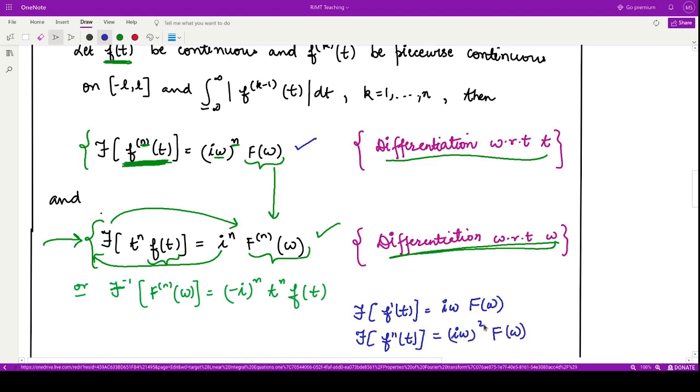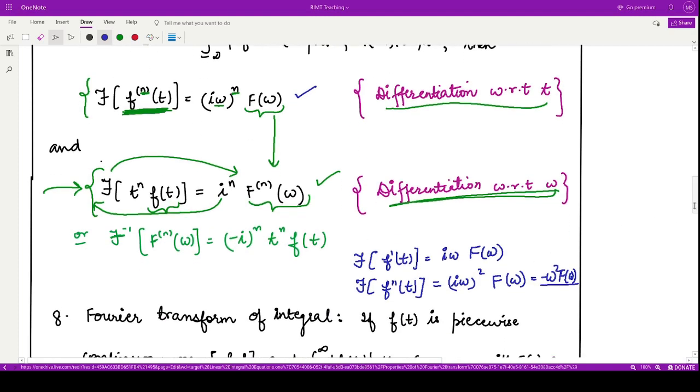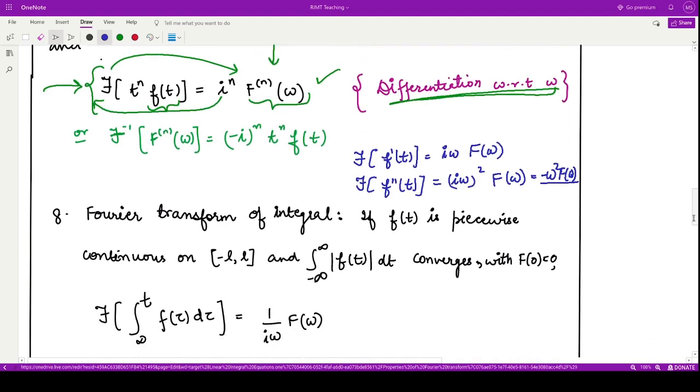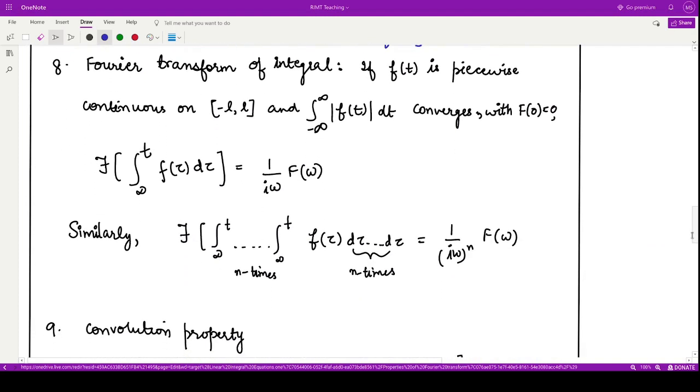Now iota square is nothing but minus 1, so we have minus omega square multiplied by F of omega. So this is our result, right? Similarly, you could calculate the Fourier transform of a derivative of any order.